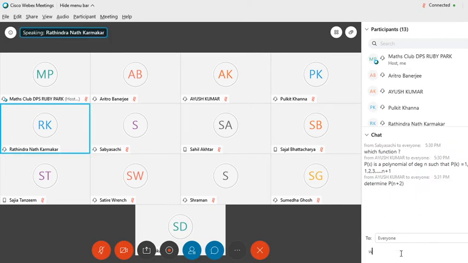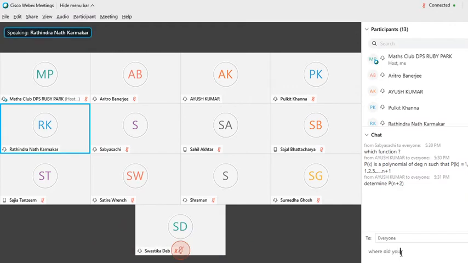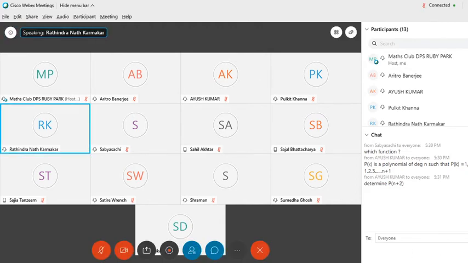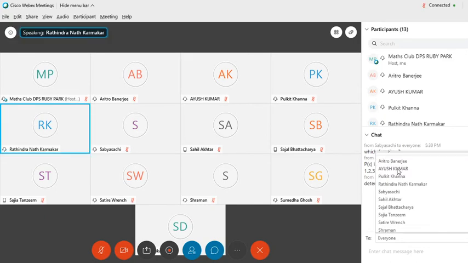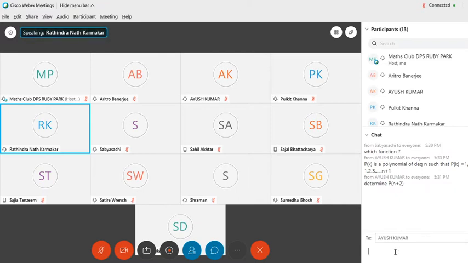So what function did you take? I take g(k) equal to P(k) minus 1 by k. Write it in the chat, I'm saying. Write the function in the chat, not the question. Question is obvious here. You don't need to write the whole statement. Just write one or two words. It will be enough.